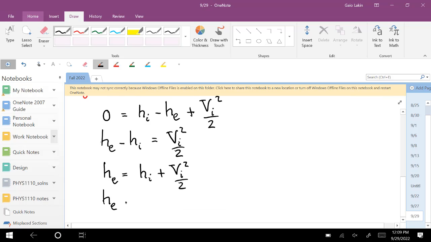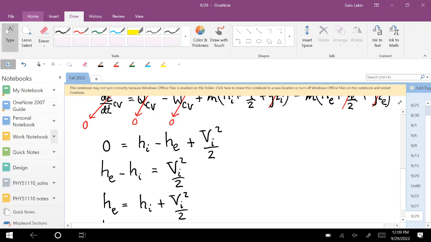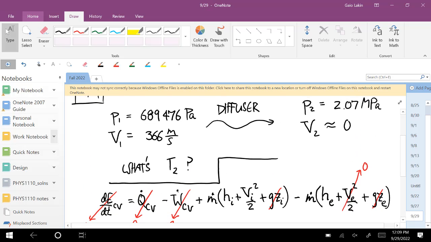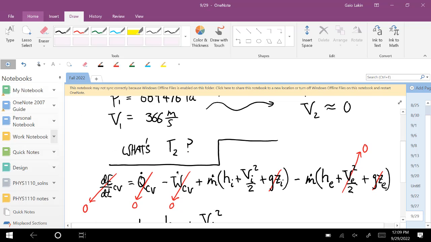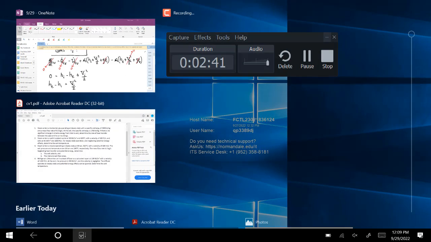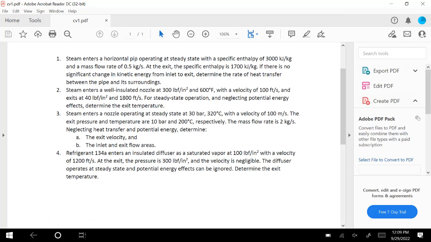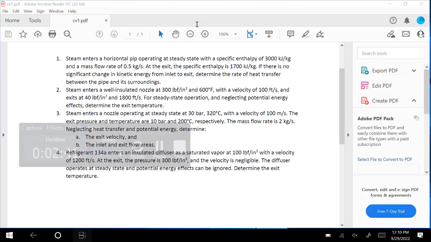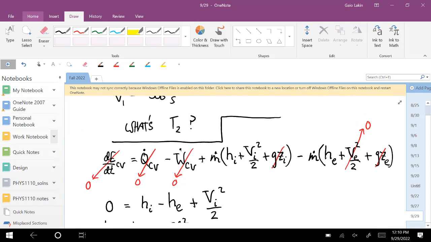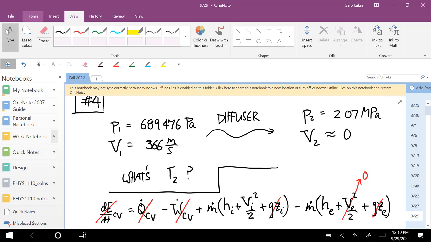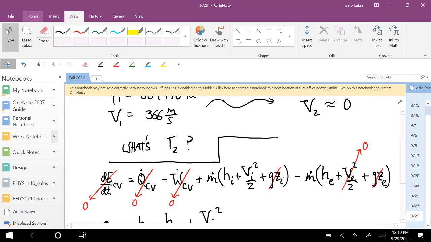So for he, we aren't given hi, but we are given a pressure, and let's see, what else does it say about this? Yeah, so we get the exiting enthalpy because we already know hi from the P1, V1 condition.